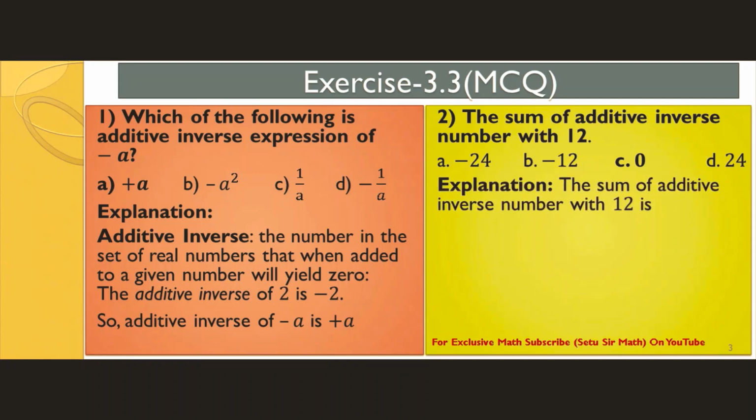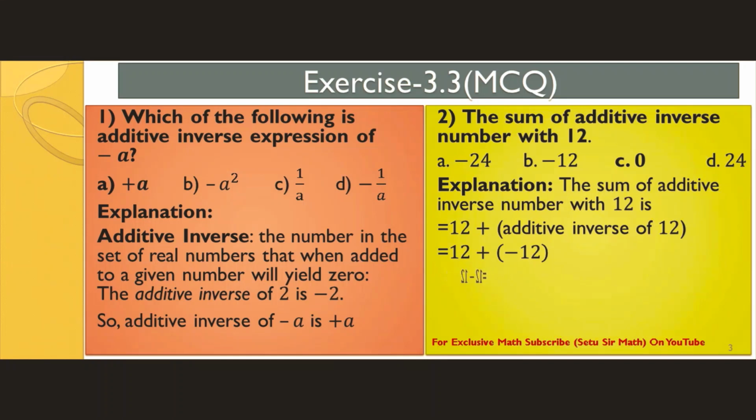The sum of the additive inverse number with 12 is 12 plus the additive inverse of 12. You can see 12 plus the additive inverse of 12. Just before, you learned that the additive inverse of any number is its negative. So next, 12 plus minus 12.